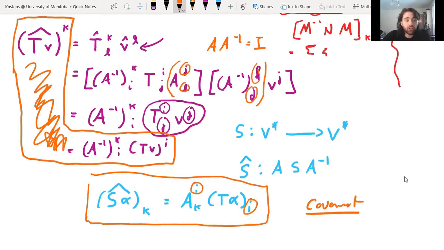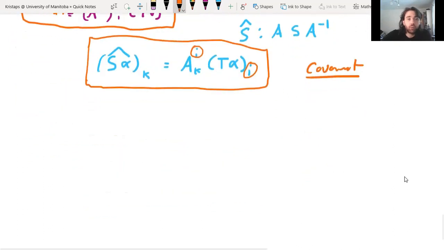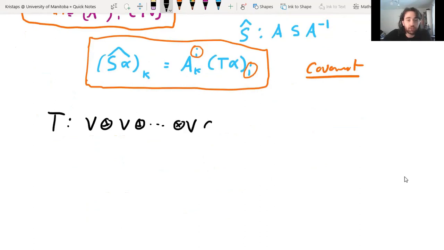And so now we see, for each component of our tensor, right? We want this general case where we now have a tensor product of V some number of times, and some tensor product of V dual some number of times.